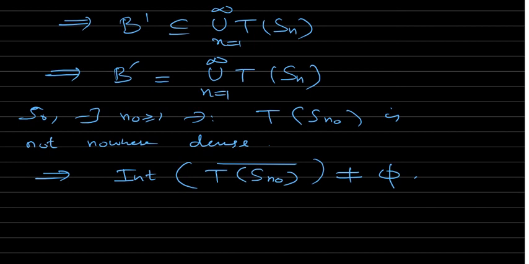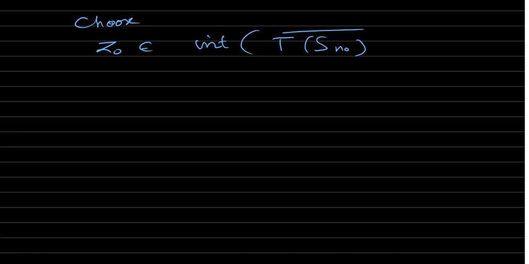So let's choose a point Z naught which is in the interior of the closure of T of S n naught. But I want to choose a point, say Y naught, which is in the interior as well as in T of S n naught.